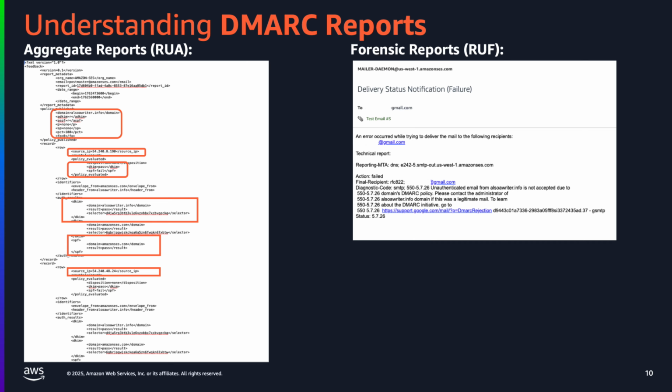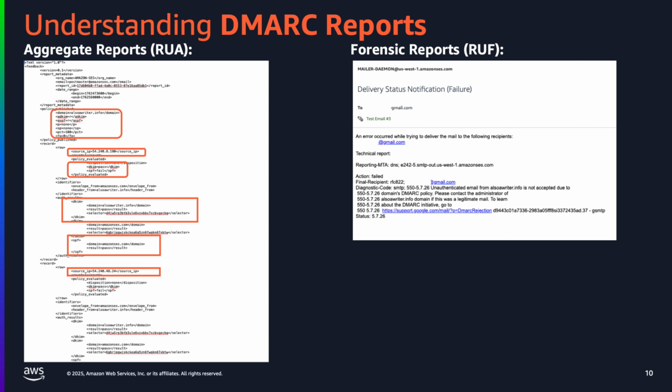DMARC reports come in two types that serve different monitoring purposes. Aggregate reports (RUA) provide summary data over specific time periods, helping identify authentic email sources, monitor authentication trends, and gather baseline data during DMARC implementation.